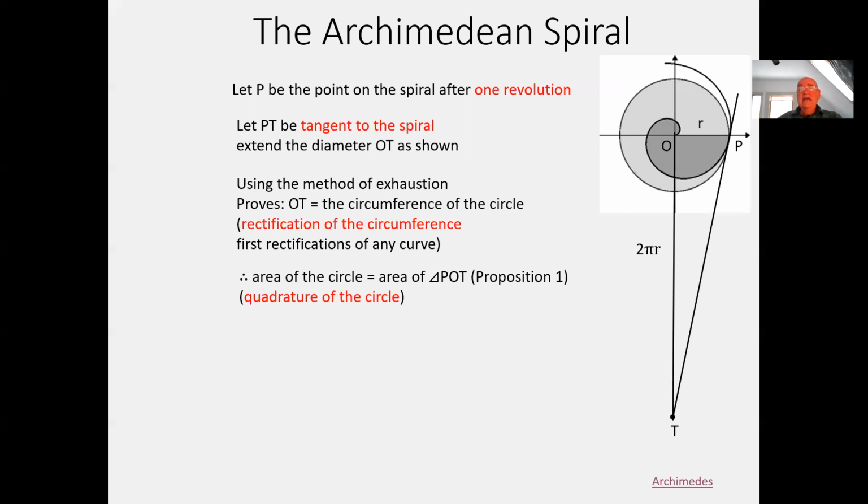See, it's one thing to say that the area of a triangle where the circumference is the base and the height is r is equal to the area of the circle. Oh yeah, that's proposition 1. He proves that. It's another thing to construct the line, which is the circumference of the circle. That is what he does here. He produces the quadrature of the circle for the first time in history.